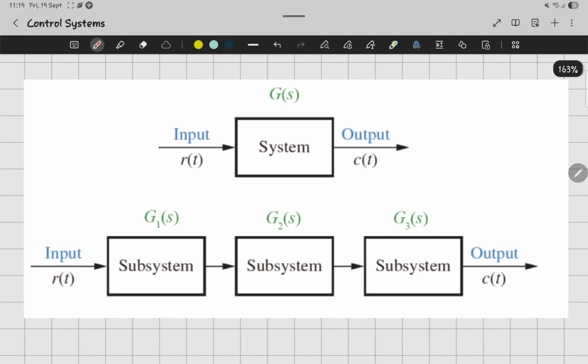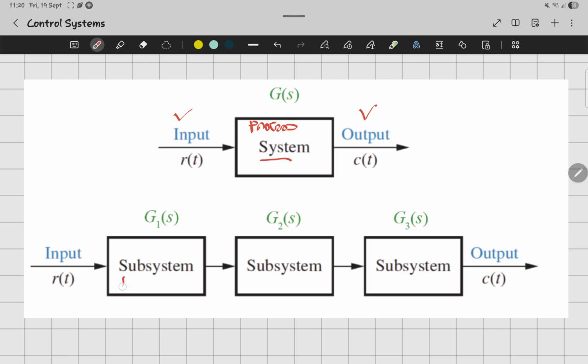Now what you see here is just general. On a system we have an input, output, and process. The process is our system. When you only have one system, you can write it like this.